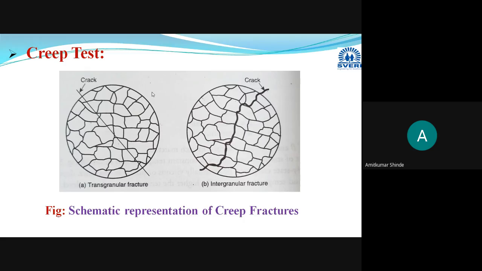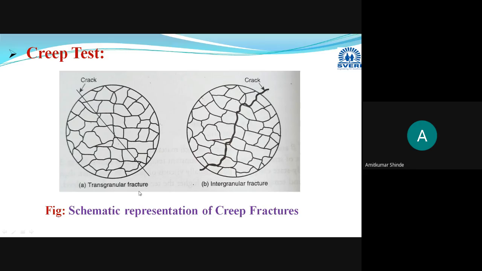Whenever the working temperature of the component is less than the equicohesive temperature, transgranular fracture will occur. What will happen here? The grains will be weaker.